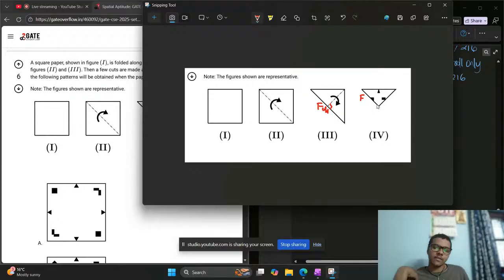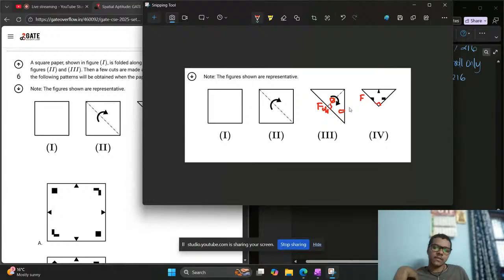This angle is corresponding to this angle over here, if I'm not wrong. So the fold punch was here, so it will form something like this. And if you get it out, there will be two things like this. And here there is a rectangle.